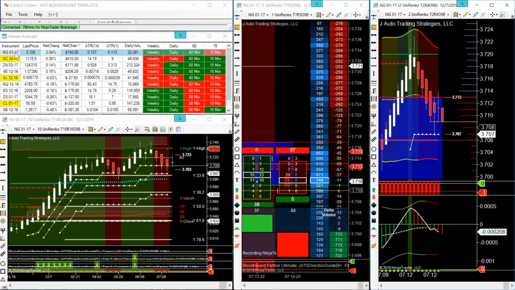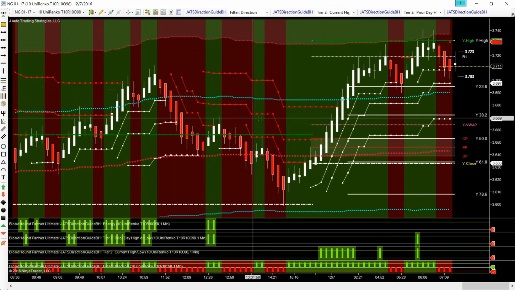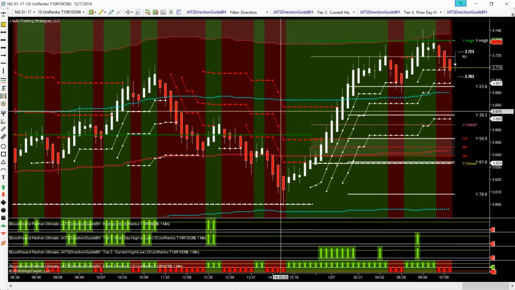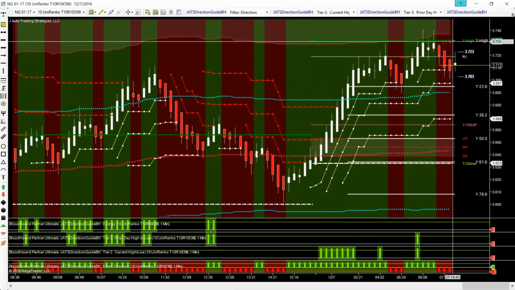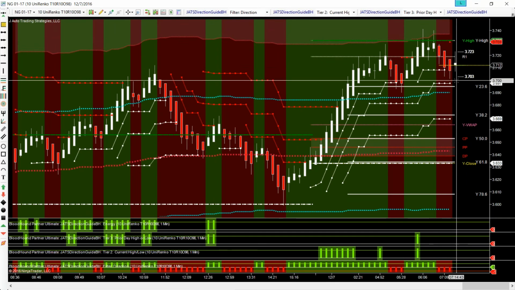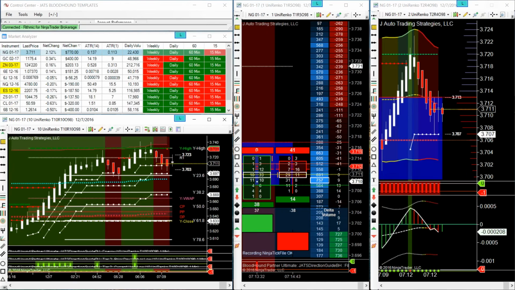So the instrument that's got the most strength is the one I want to trade. So I've got the nat gas market up, and then you can see what the larger bars are doing. Right now it's ranging at the high, yesterday's high sitting here, coming off of that high on a bit of divergence.